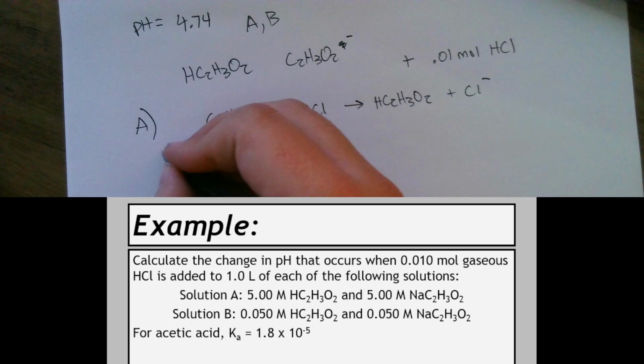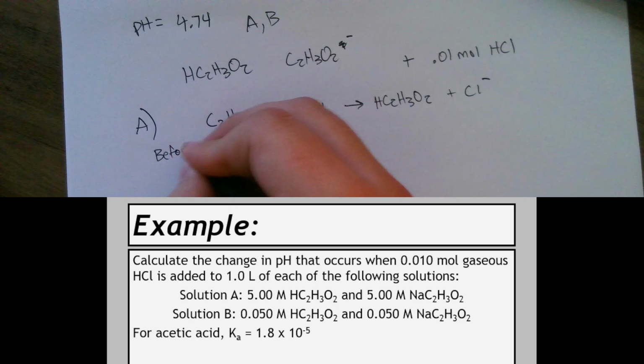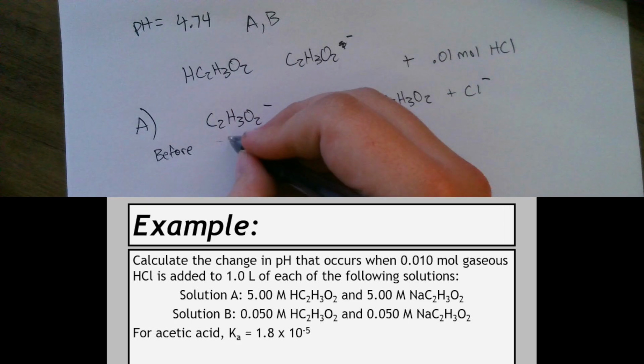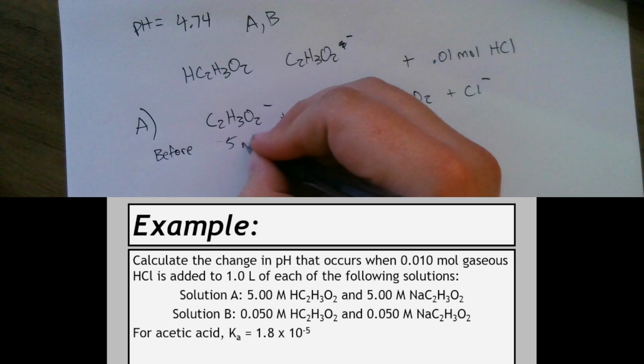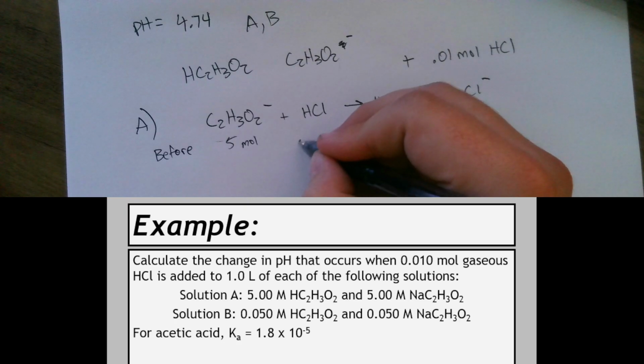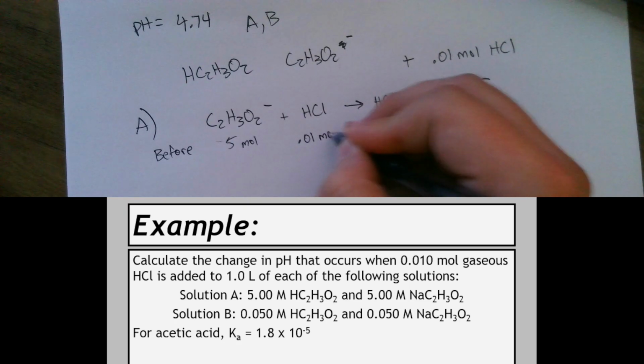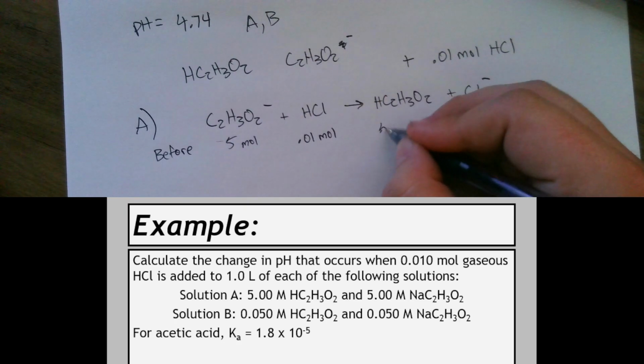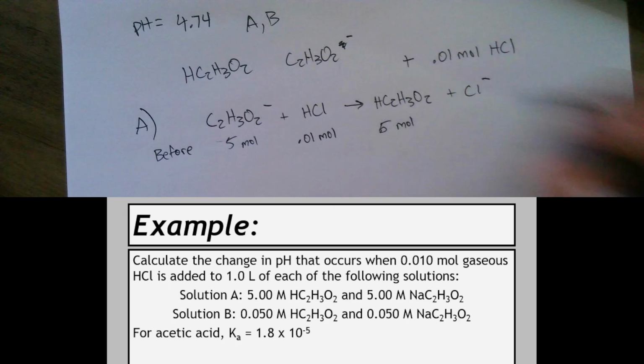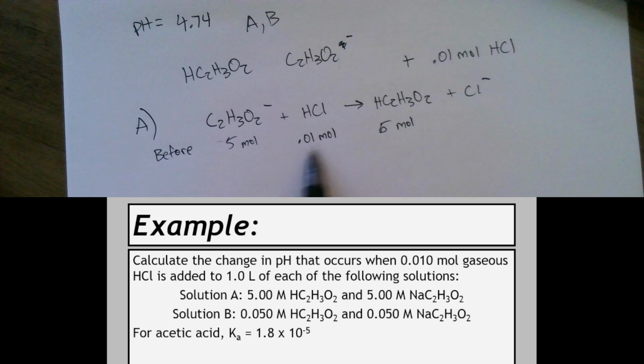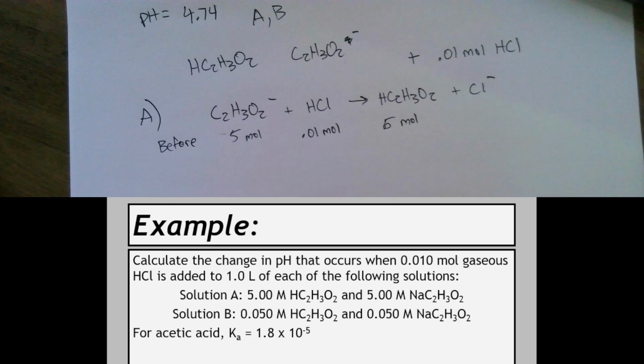Right, so before my reaction, with part A, we had 5 molar of this, so 5 moles of this. We had 0.01 moles of this. We have full 5 moles of this. So our HCl is kind of insignificant compared to our amounts of acid and base here.